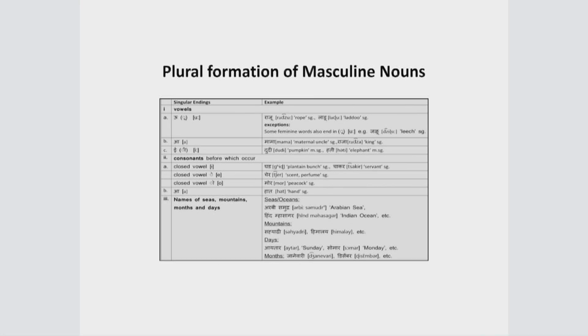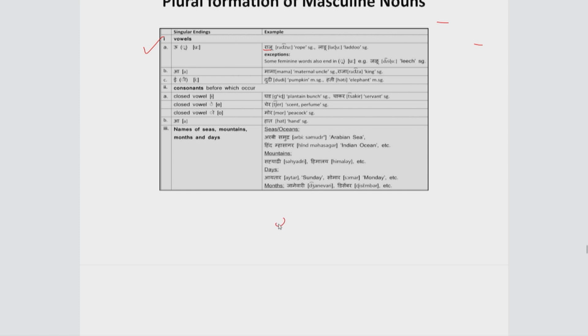So to begin with, words that end with U, for example, Raju. This is U. Then A ending, for example, Mama.